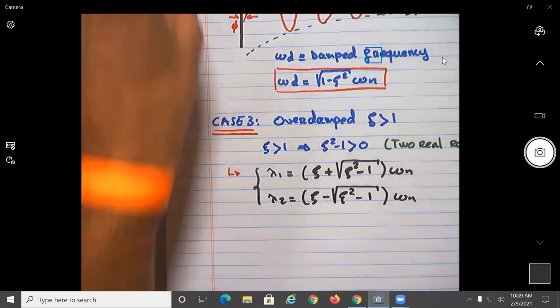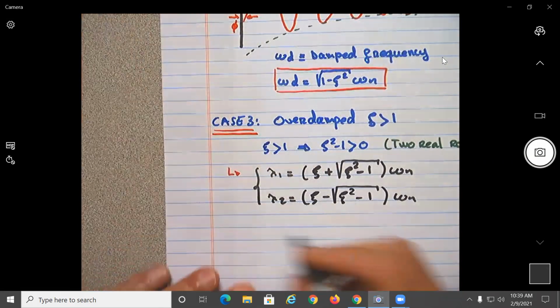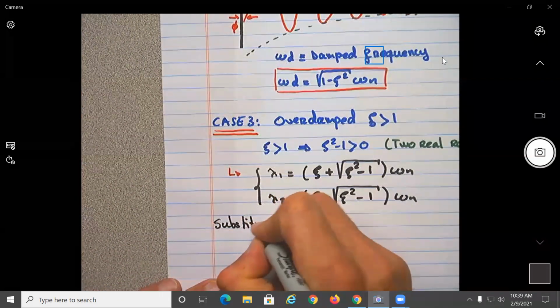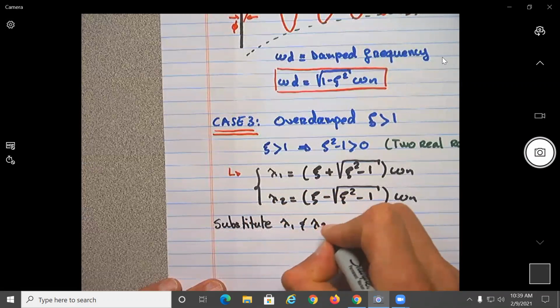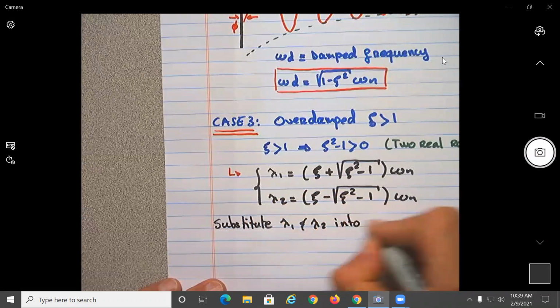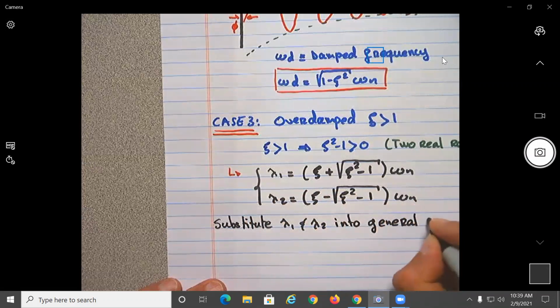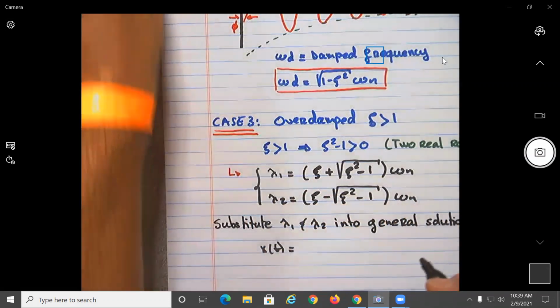Okay, I hope that by now I don't need to write everything, but now what do we do? We substitute lambda 1 and lambda 2 into the general solution. X of t, the one I wrote here at the beginning, let's just rewrite it.